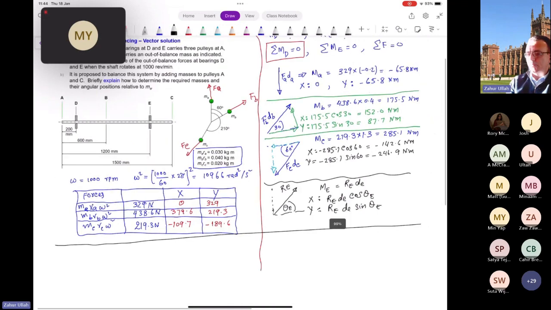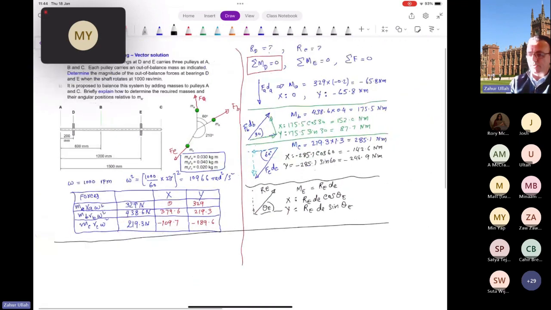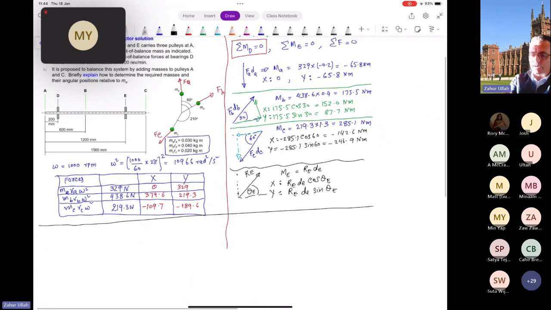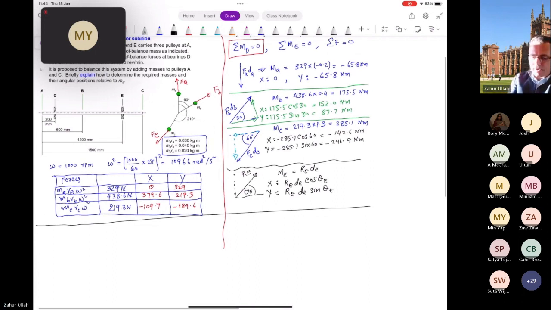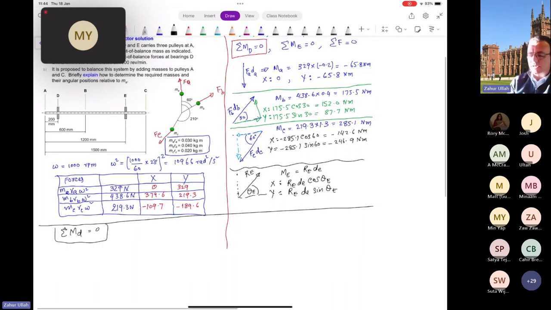Okay, so we calculate all these components. Now what we can do is just apply this. What I'm doing here is just using summation of all the moments at D equal to 0. So I'm using this equation now. We will apply the same equation in both x and y direction. So first you will apply the same equation in x direction.